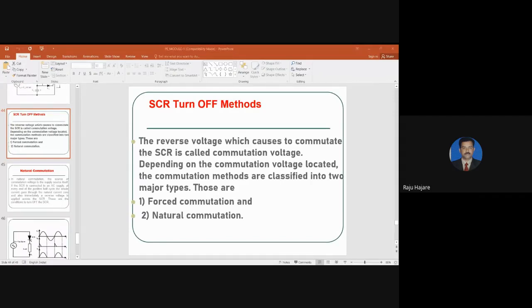So I want any 4 methods of turning on an SCR. 4 into 3, 12 lines, takes 5 minutes. Just explain in brief and post that.